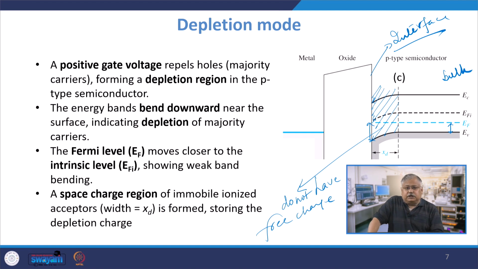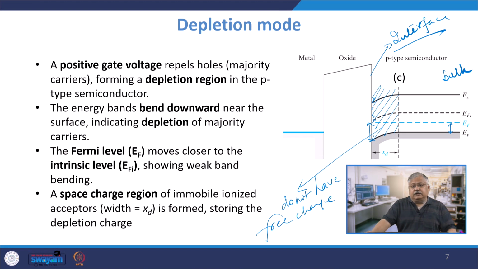Therefore, we refer to this capacitance as a depletion capacitance, right, and that depends upon XD. XD is basically the length of the depletion layer at the silicon dioxide interface. And that is what I was trying to say, the third point, that the Fermi level moves closer to the intrinsic level, showing there is a weak band bending because of the positive charge near the bulk.